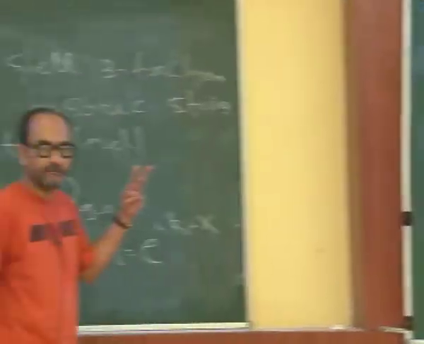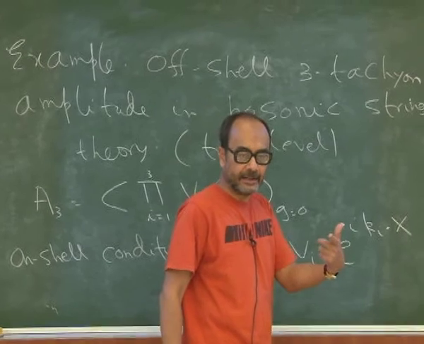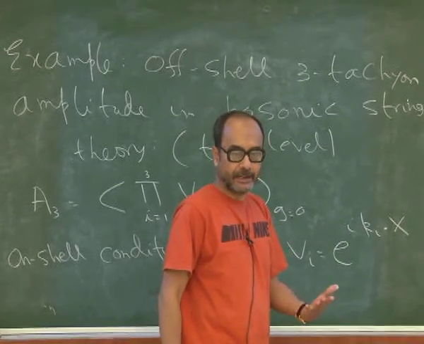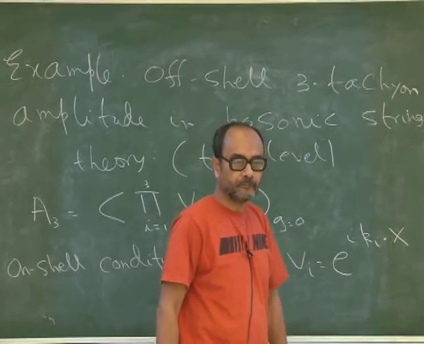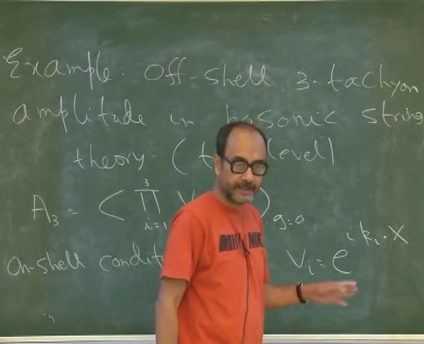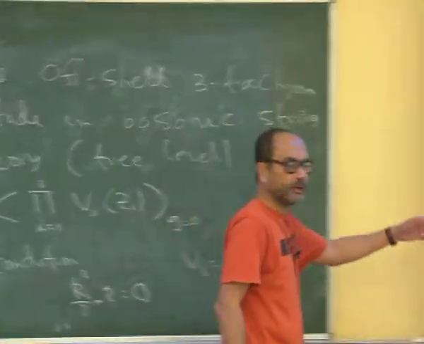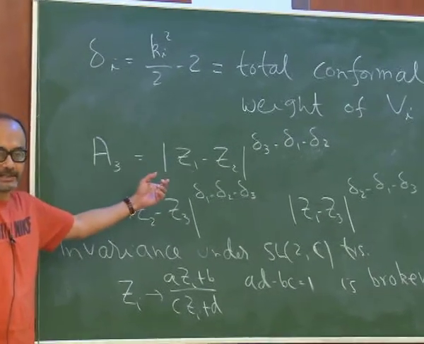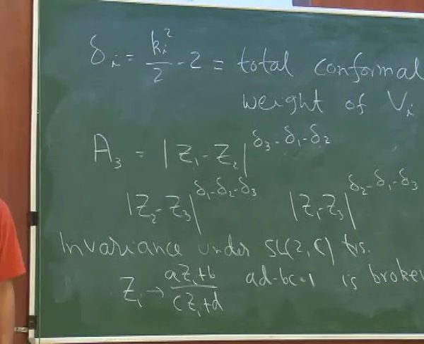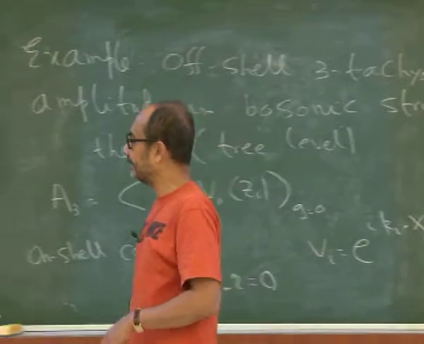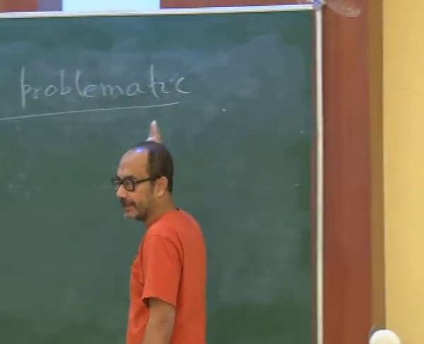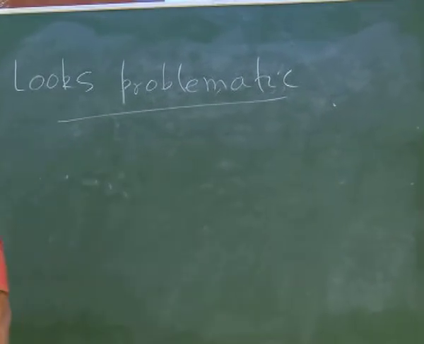For 3 of them you can fix them anywhere, while the 4th one will have to be integrated. So you use the SL(2,C) to fix them, and then you find that the SL(2,C) is actually broken, because the result does depend on the choice. And this is the reason it looks problematic, because it depends on extra data which shouldn't come in here.